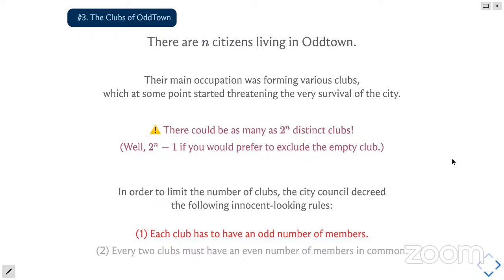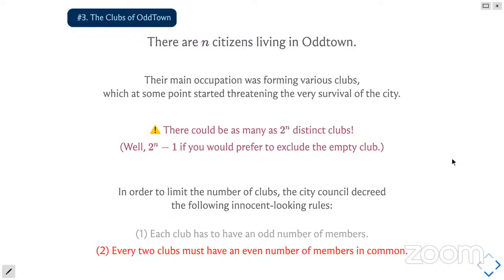You could say that we cut down the total number of possible clubs by half, which is significant, but it's still an exponential number of clubs, which feels like too many. So what if we only have the second constraint where every two clubs must have an even number of members in common? Can we still create exponentially many clubs? Is that still possible? Can we think of examples?